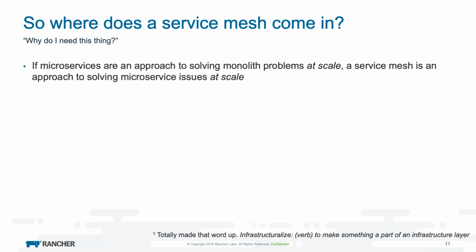If microservices are an approach to solving monolith problems at scale, a service mesh is an approach to solving microservice issues at scale. One of the microservice issues we're going to run into is routing and terminating traffic. As we distribute different areas of our application into microservices, we need to make routing decisions across things like versions.